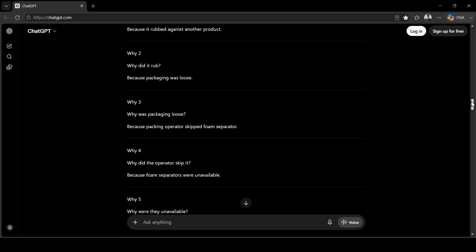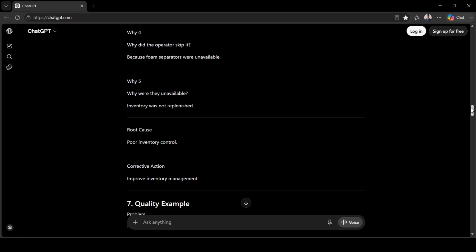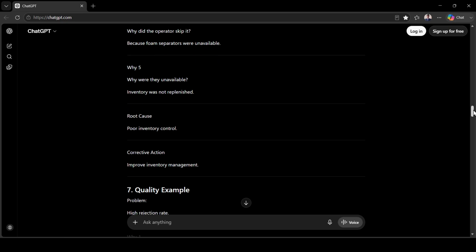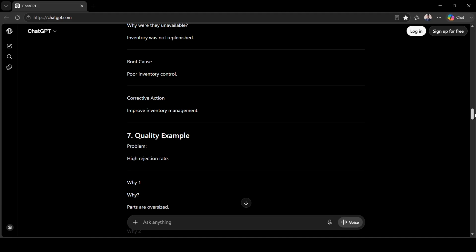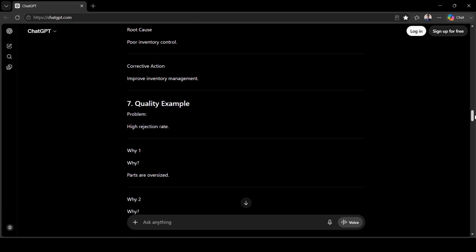Because packing operators kept the foam separator. Then step 4. Why did the operators keep it? Because foam separators were unavailable. Then step 5. Why were they unavailable? Inventory was not replaced, because of poor inventory control. Corrective action: improve inventory management.